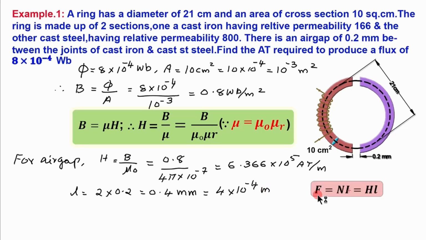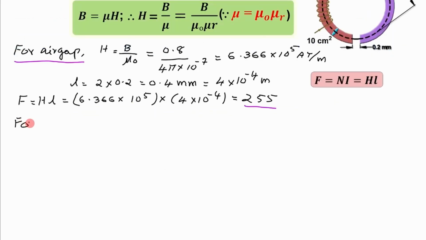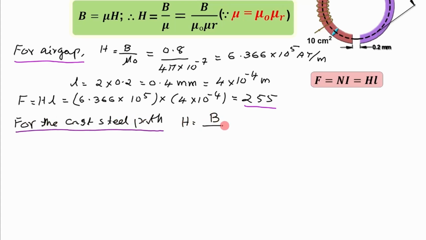We know that magnetic force or ampere turns required F is equal to N into I, that is equal to H into L. Therefore, for air gap, F is equal to H into L, that is equal to 6.366 into 10 raised to 5 into 4 into 10 raised to minus 4, that is equal to 255.